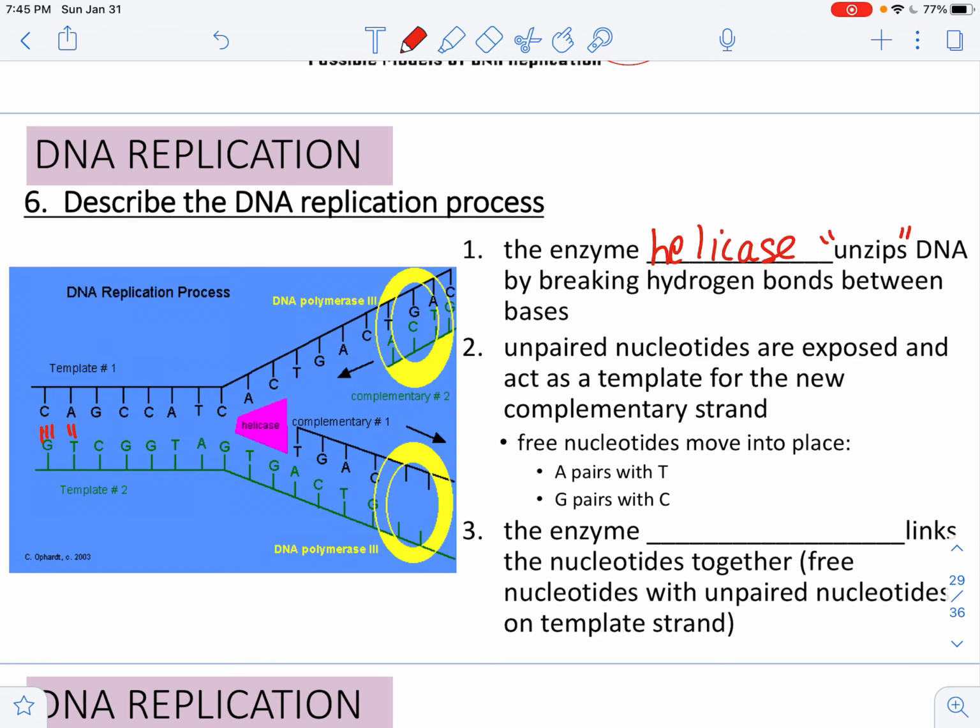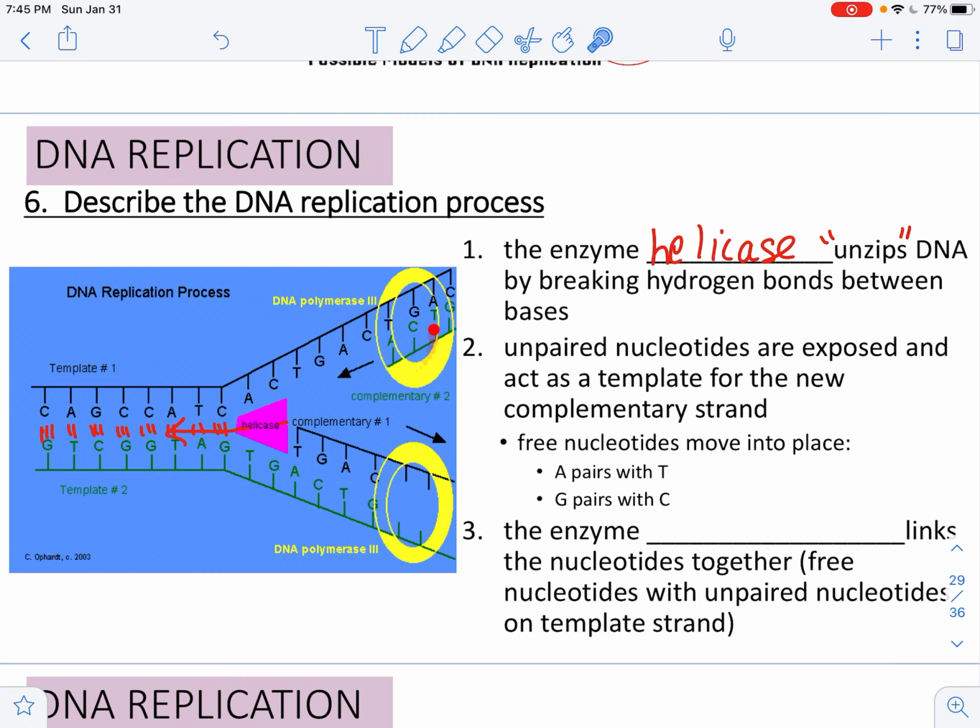Again, this picture kind of left those out. Let's draw in the hydrogen bonds. They go right there. And helicase is going kind of in this direction, going down and just breaking those weak hydrogen bonds. As it breaks those, it opens up the strand. So that's helicase. Helicase opens it.